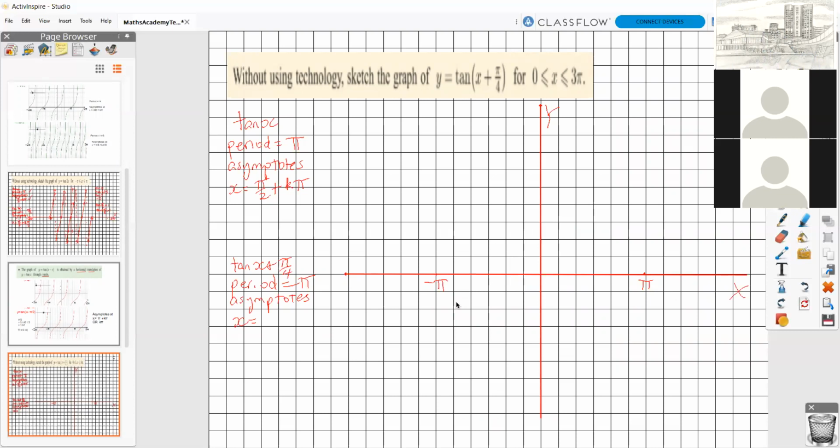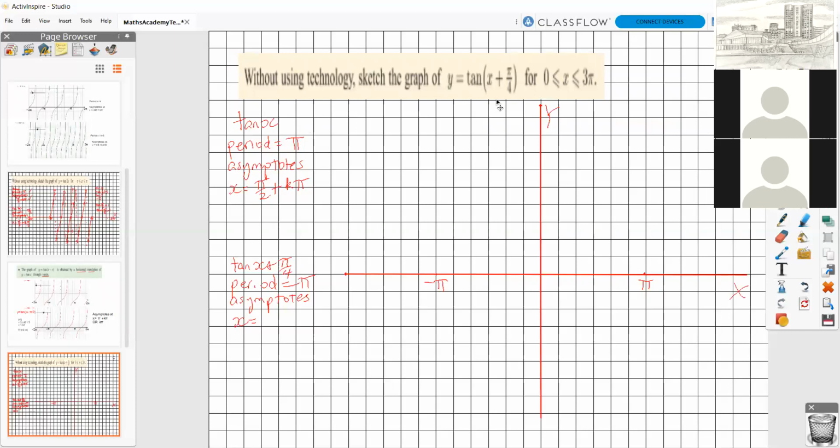So when we put that into practice, if I want to do this one, this is what we know about tan x, its period and its asymptotes. So tan of x plus pi on 4, because now we've got c equals negative pi on 4. Because this is like tan of x take negative pi on 4.